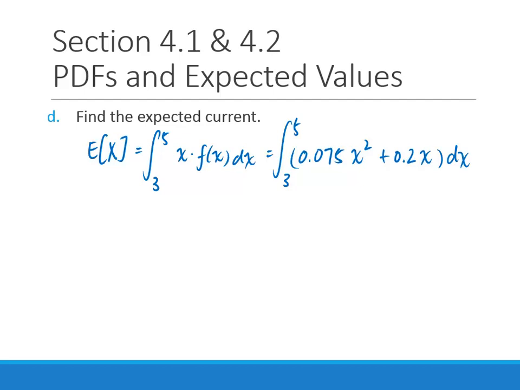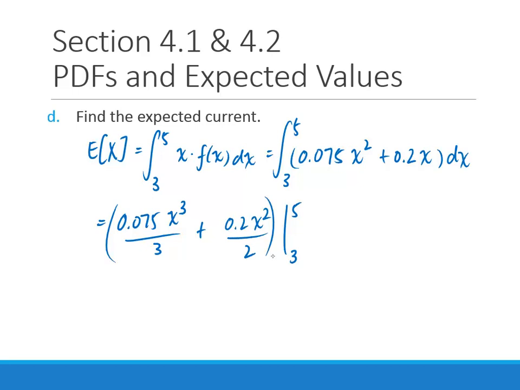That's almost what we calculated before, so this should now be 0.075 x cubed over 3 plus 0.2 x squared over 2, evaluated at 3 and 5. And that should give you 4.05.